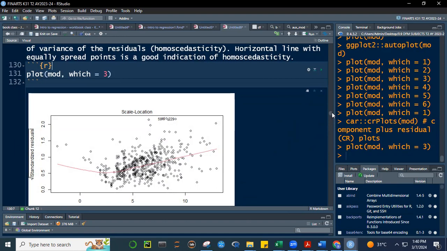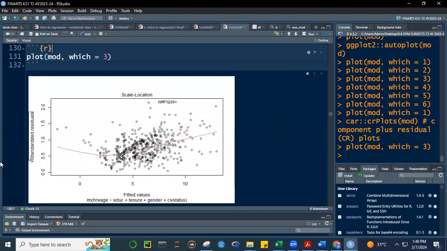Ang pinaplot natin dito is the square root of the standardized residuals. Okay, yung residuals, ibig sabihin, ni-normalize siya. Ginawang standardized, which means yung residuals, you subtract the mean of the residuals divided by the standard deviation. Yun ang standardized residuals and then kinuha yung square root. Okay?